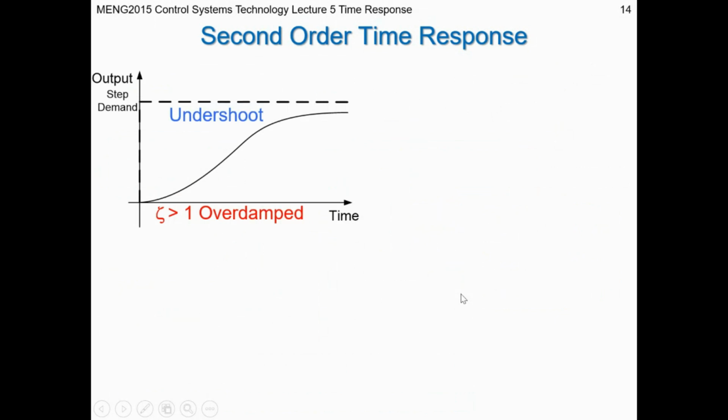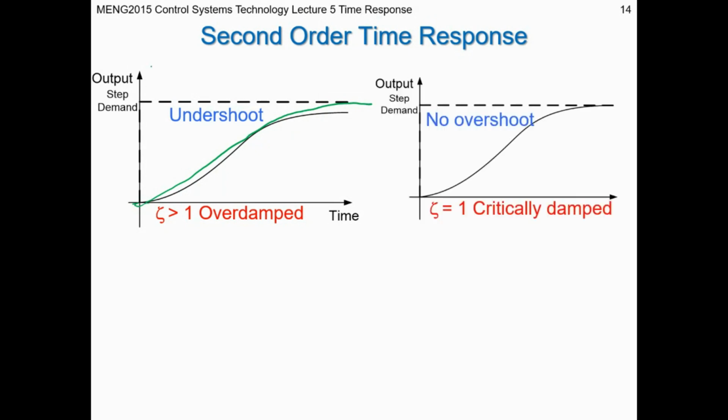For a second order time response, if we have an overdamped system, we're likely to possibly undershoot, or at least if we do achieve our final value, it's going to be very sluggish and slow to get there. This would be an overdamped system, and that's if zeta, our damping ratio, is much greater than 1.